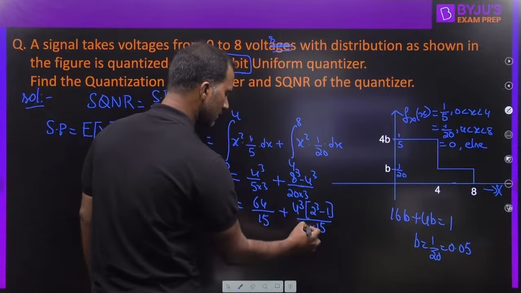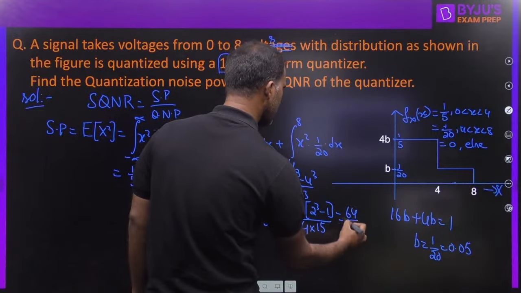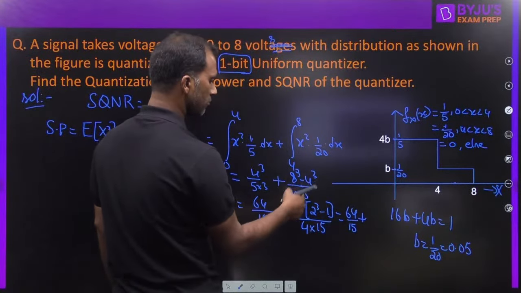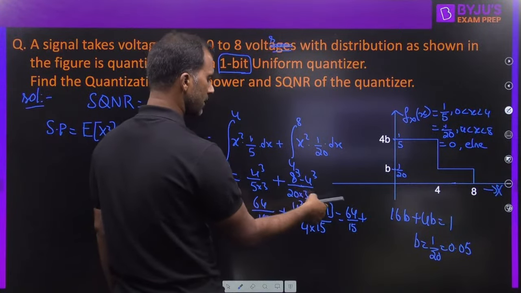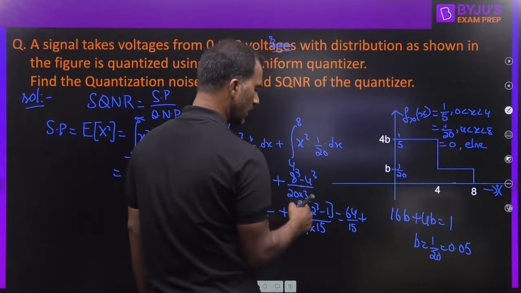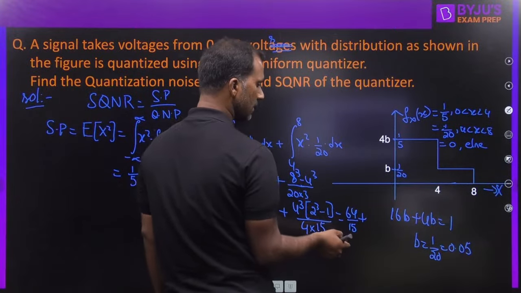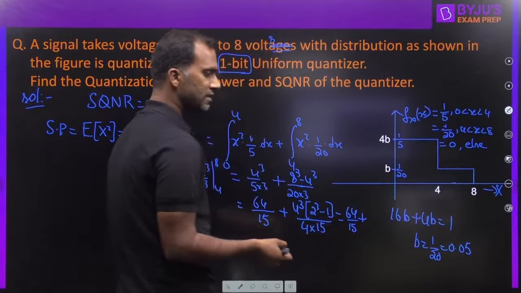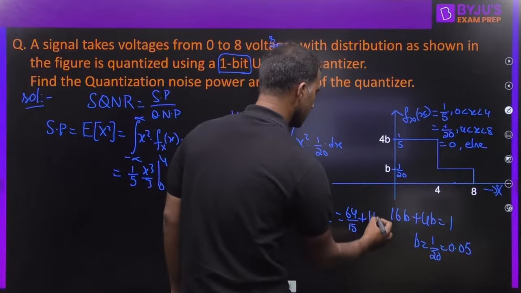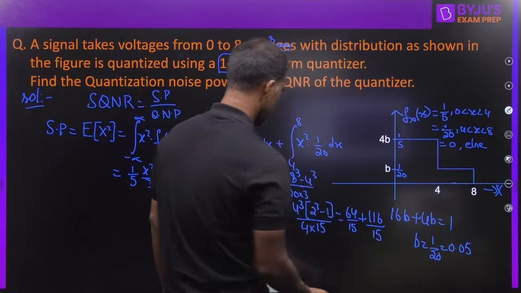A little calculation is involved definitely. So this is equal to 64 by 15 plus, with 4 cube common, it will be 2 cube minus 1, yes. So one 4 gets cancelled, it becomes 4 square, which is 16, and this is 7, and how much is 16 into 7? 16 fives are 80, 116, right, divided by 15, correct.